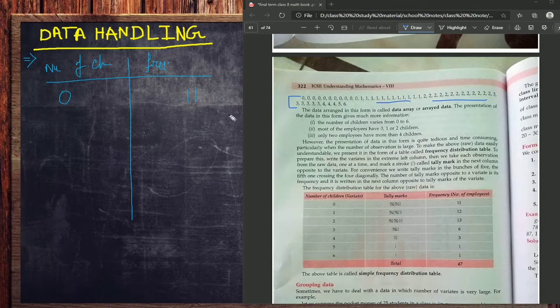How many 1s are there? That is 12. How many 2s are there? That is 13. So this is how you have to write all the values on the left side, and how many times each particular value is present, you have to write on the right side. So let me finish it first. After that I will talk about frequency. Alright.